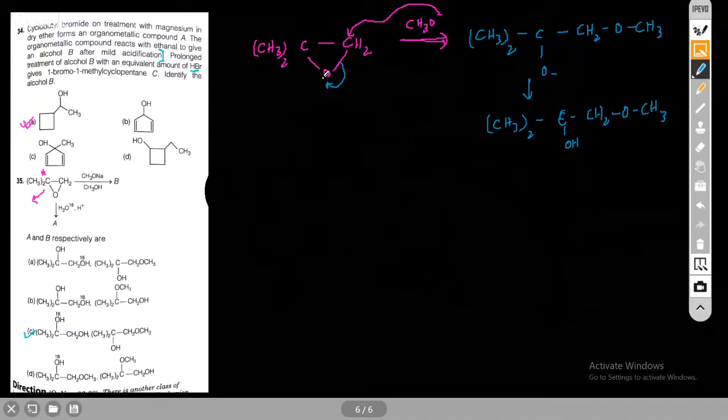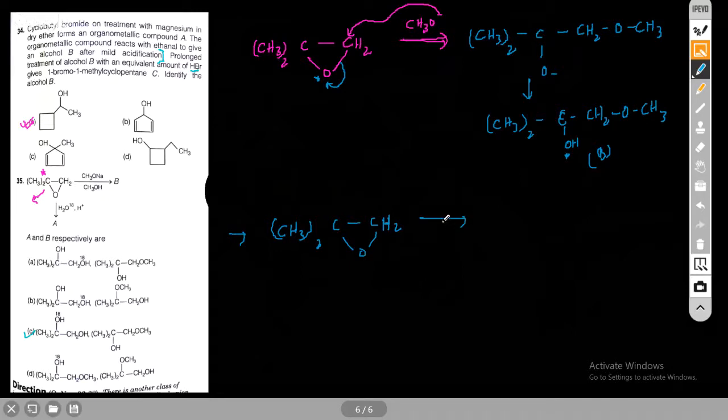So this oxygen atom stays here only. So this is B. Now I'll write down again (CH3)2C-CH2 with an epoxide ring here.